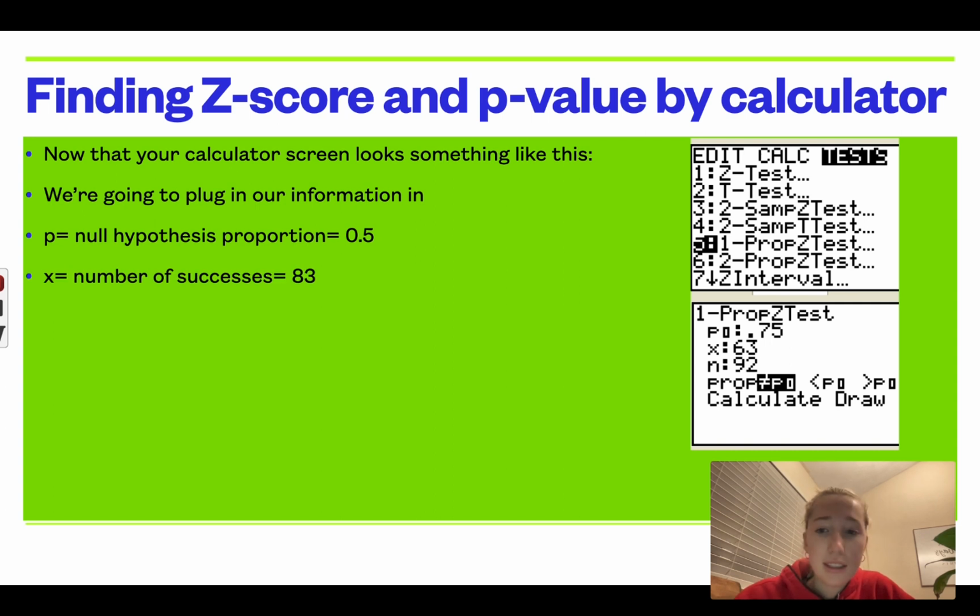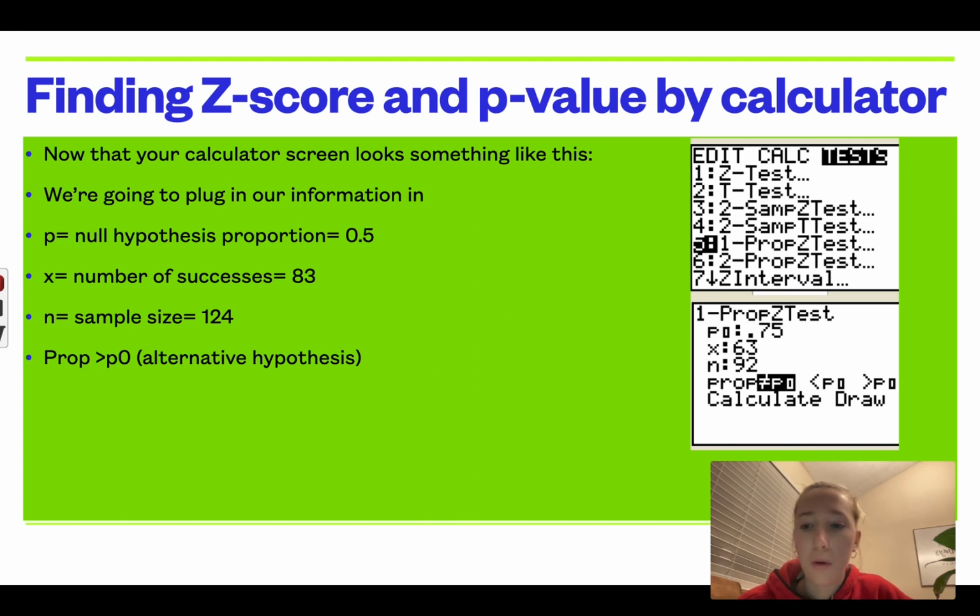And then x is going to be our number of successes, which in this case is the number of couples who did tilt their head to the right when kissing, and that was 83. And then for our sample size, it was 124 in this case, which is n.